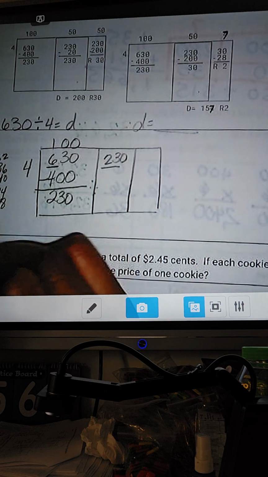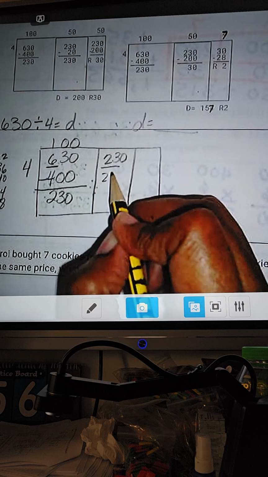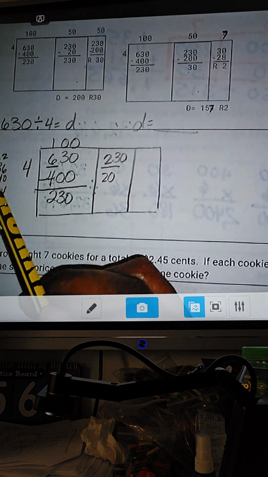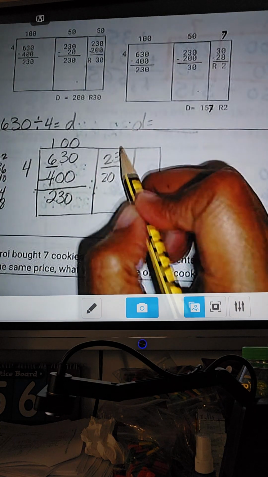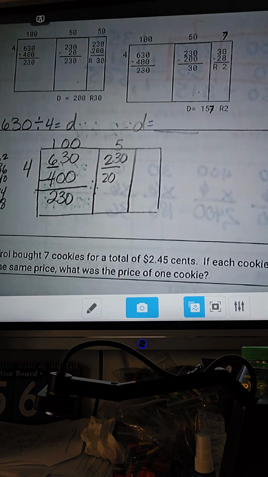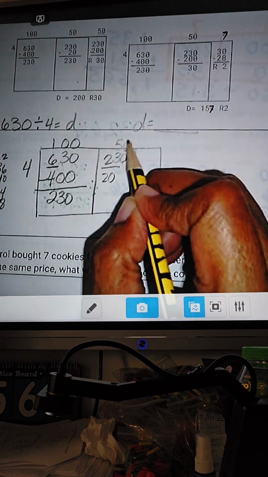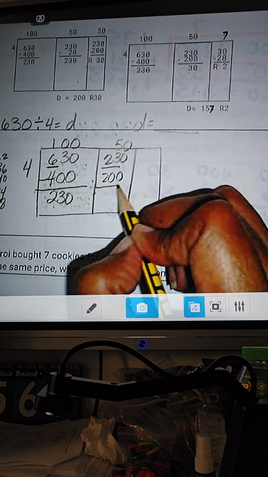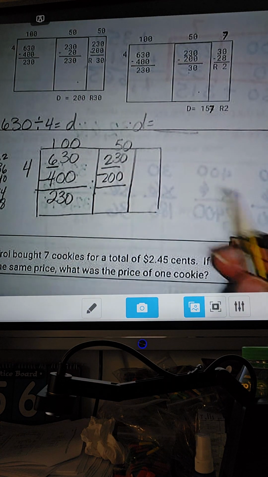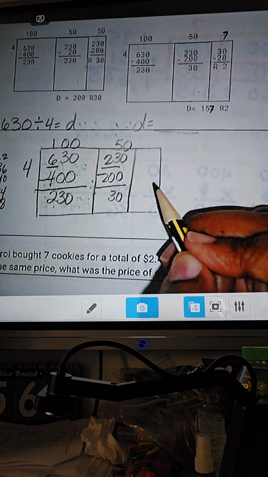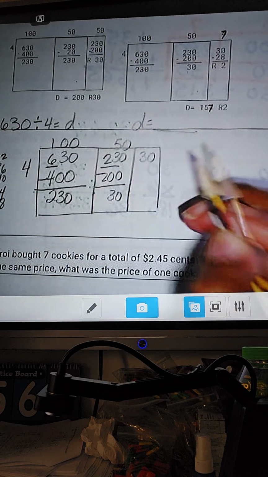The closest I get is 20. So 20 goes under 23. Count 1, 2, 3, 4, 5. 5 goes above 23. 0 above the 0 and below the 0 because we did not use them. 30 is left. 30 goes to the top of the next column.